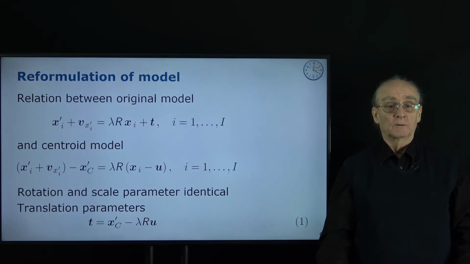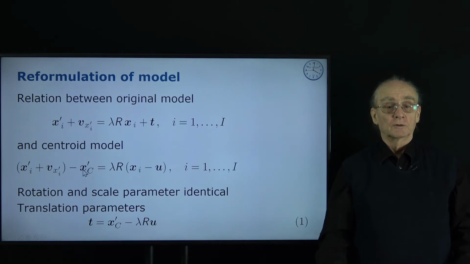And now what we want to know, of course, is how this model relates to our original model. So the original model was just the given coordinates plus corrections is scaled rotation multiplied with coordinates plus translation. And here we have the centroid of the observed coordinates subtracted, and here some unknown parameter u. So we have a relation between t and u. The lambda and R are the same.